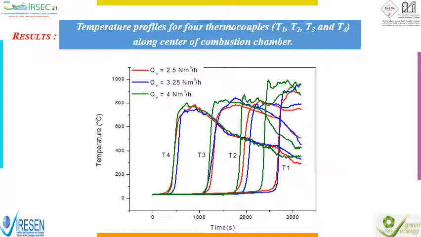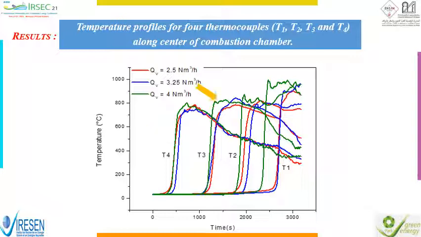As results of our experimental study, this figure depicts temperature profiles versus reaction time within the porous medium at different thermocouple positions. Their shapes are similar to those measured by several authors, and it's obvious that there are two classical stages of combustion.